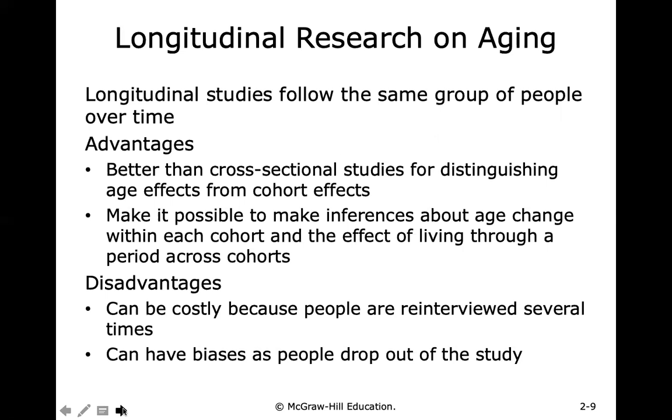Then longitudinal research studies are going to follow the same group of people over time. So we're going to follow a silent stoic generation person from 1950 to 1960 to 1970 to 1980 to 1990 to 2000, 2010, a very long period of time. It doesn't have to be very long, but for a good piece of information, the longer, obviously, the better.